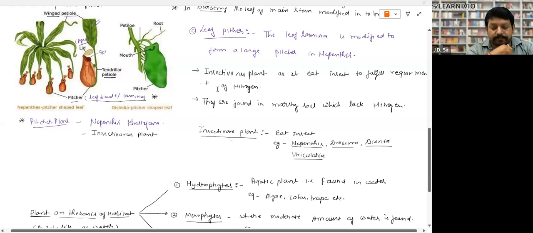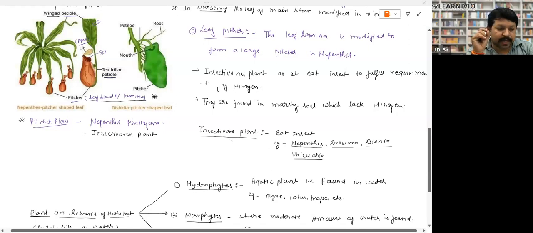To fulfill the requirement of nitrogen, the plant eats insects.